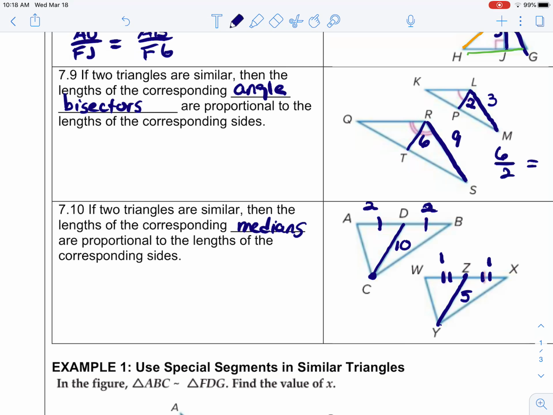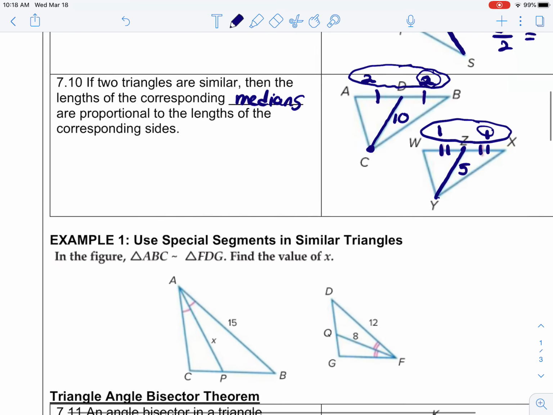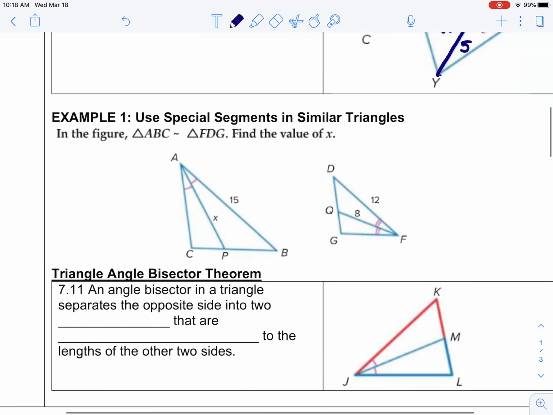So there's a 2-to-1 ratio between the 2 and the 1, but also notice there's a 2-to-1 ratio with the whole side length. So that whole side length is 4, and this whole side length is 2. So there's that same 2-to-1 ratio there, as was true with our medians.